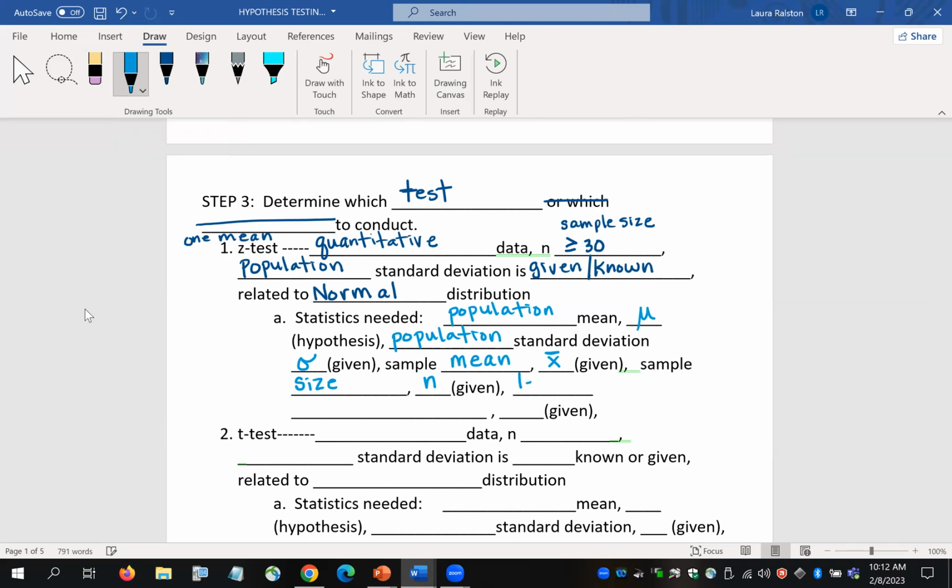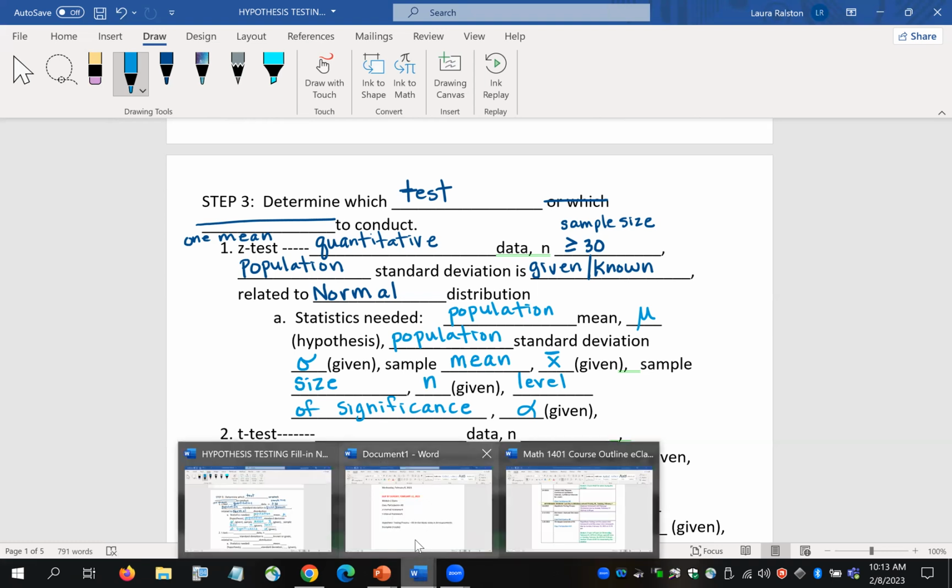And then you have to know the level of significance, which is represented by the Greek letter alpha. Now, I'm going to toggle back over to a clean sheet of paper, just to remind you what the level of significance is, okay?